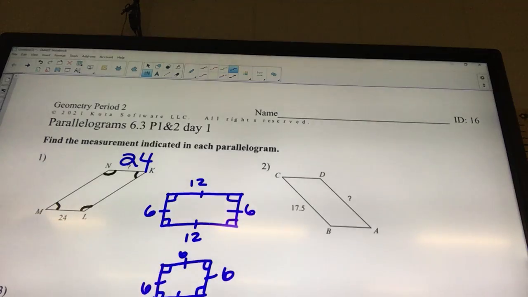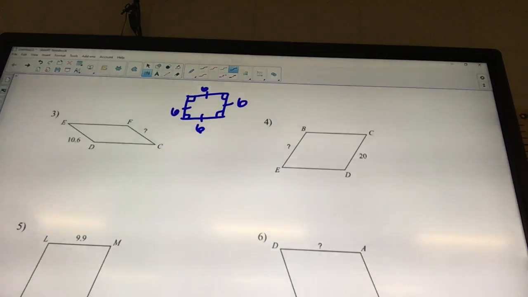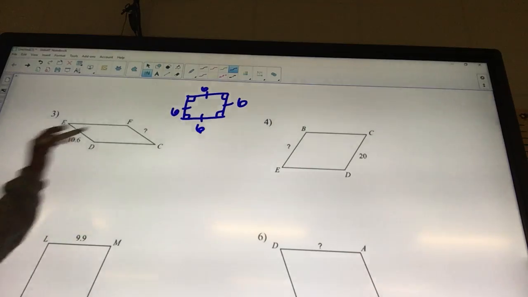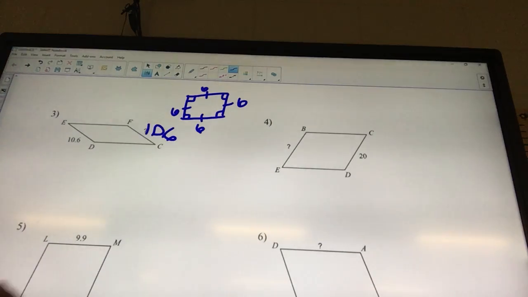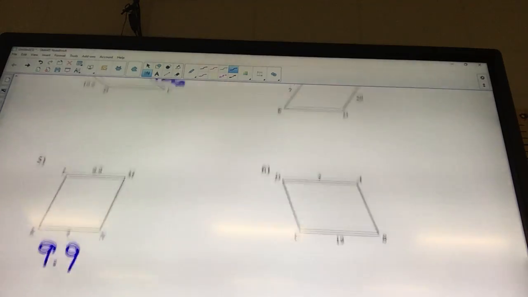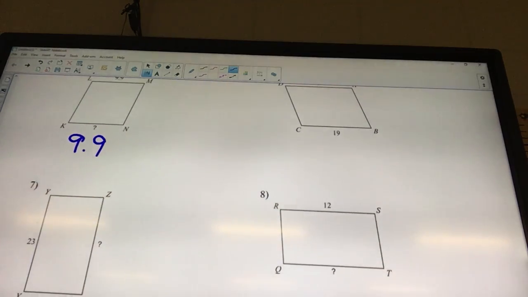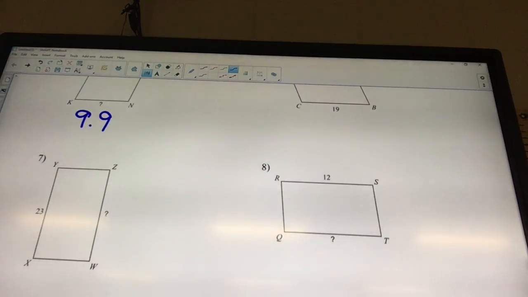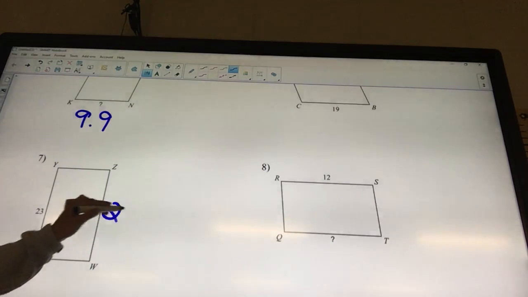Okay, if you look at number 3, we have one that is 10.6. So what is the other side? 10.6. It's pretty easy. There's nothing crazy going on here. If this side is 9.9, what is the other side? 9.9. Easy, right? If this side is 23, what is the other side? 23. And this one looks like a rectangle.